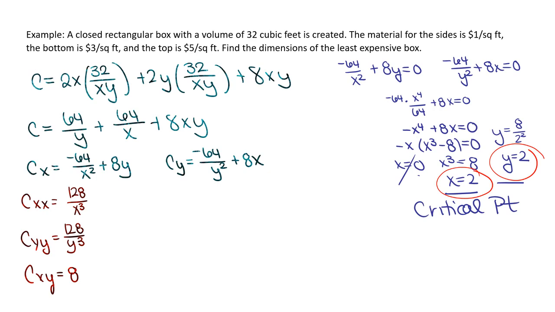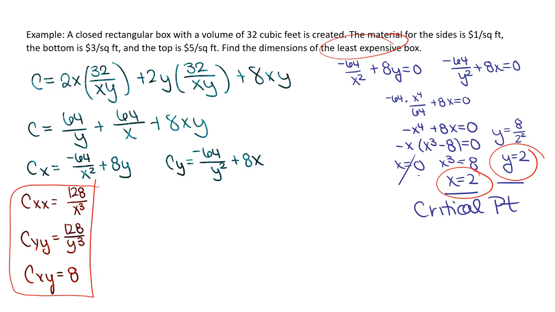Finally, I should check, is this critical point a max or a min? After doing all that work and having only one critical point, I really hope it's a min, because that's what I'm trying to find. So I have written down on the screen my second partials, and I'll just use my second partials test.